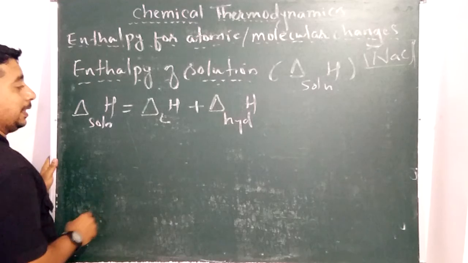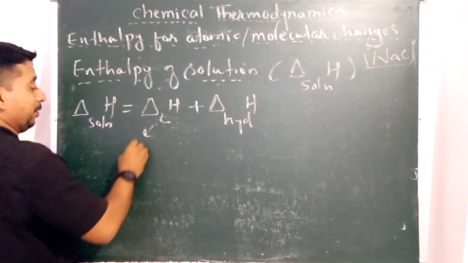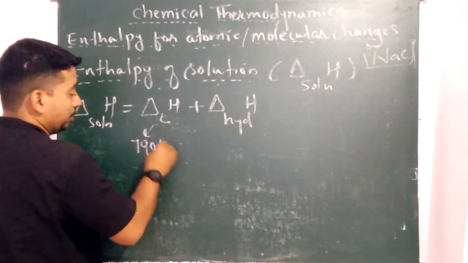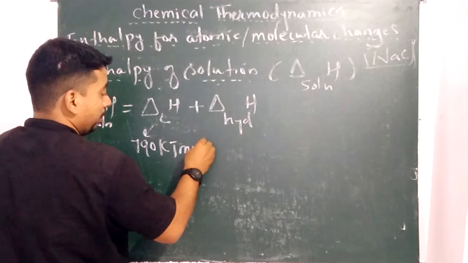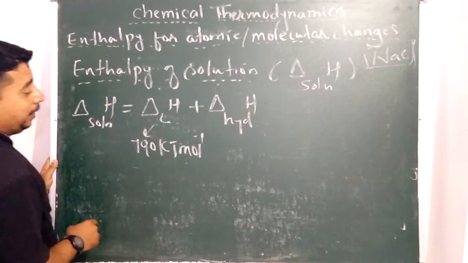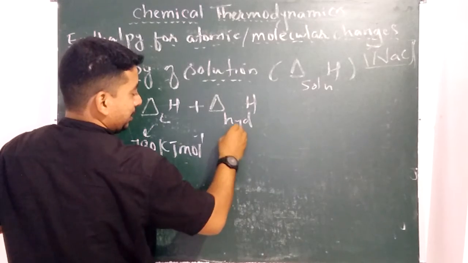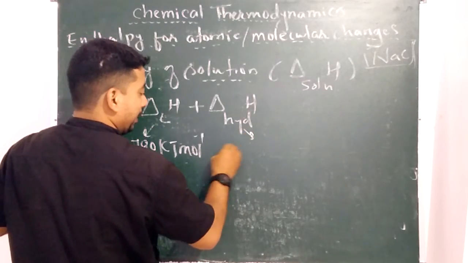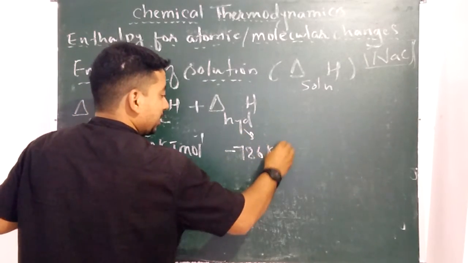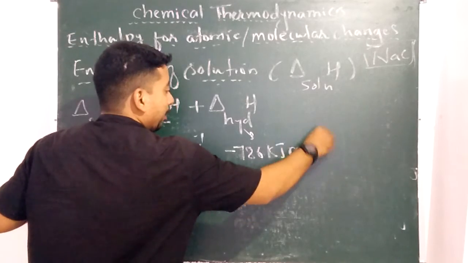The crystal lattice enthalpy for NaCl is given as 790 kilojoule per mole, and the enthalpy of hydration for NaCl is minus 786 kilojoule per mole.